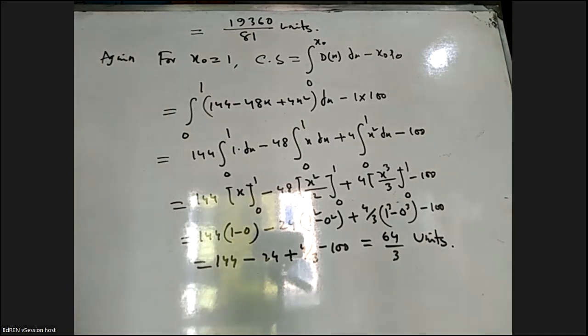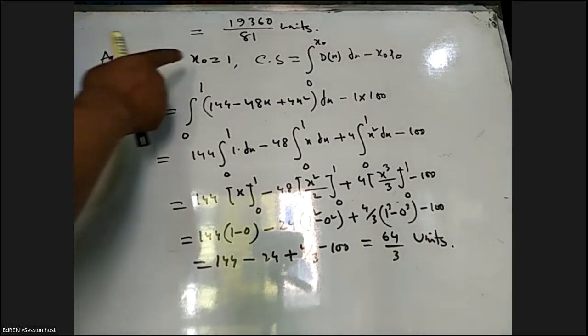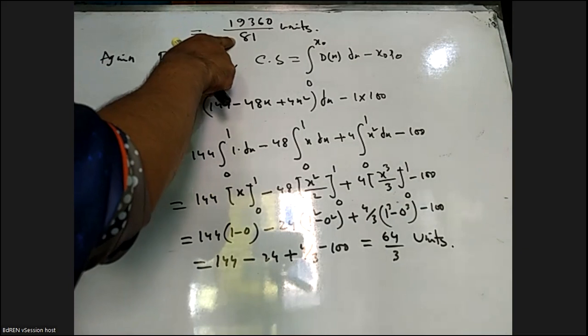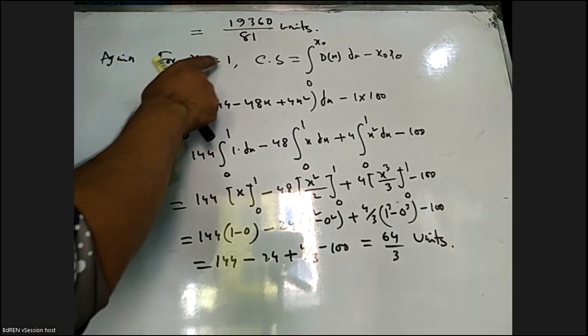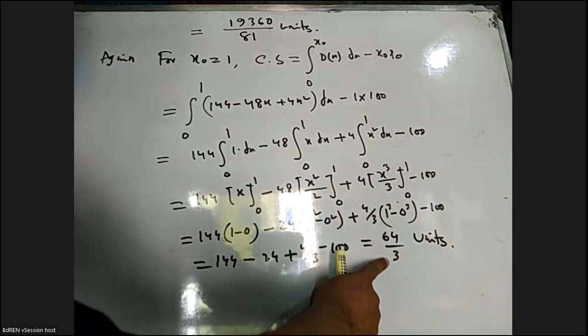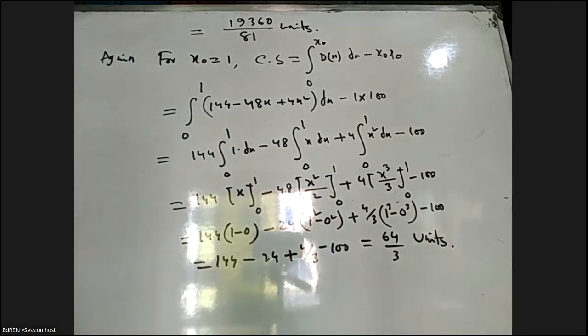So in both cases, for x not equals to 22 by 3, we got this consumer surplus. And for x not equals to 1, we get the consumer surplus as 64 by 3. So we solved actually 4 problems, and in 4 problems, 2 functions were given.